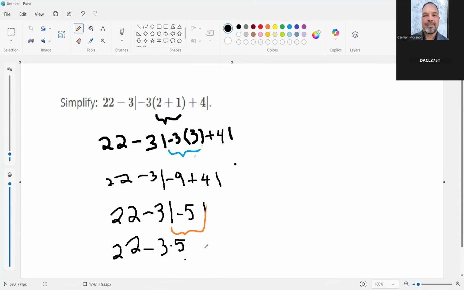What makes the most sense is to leave this minus sign here and to multiply the 3 and the 5, which is 15. And then your final step is 22 minus 15, which is 7.